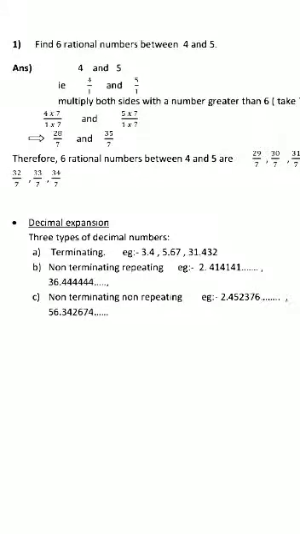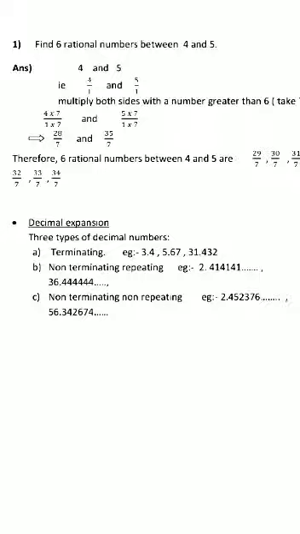The first question here: find 6 rational numbers between 4 and 5. Whatever number of rational numbers is asked, we find that many. Since the question is between 4 and 5, write them in the form of P by Q: 4 by 1 and 5 by 1.